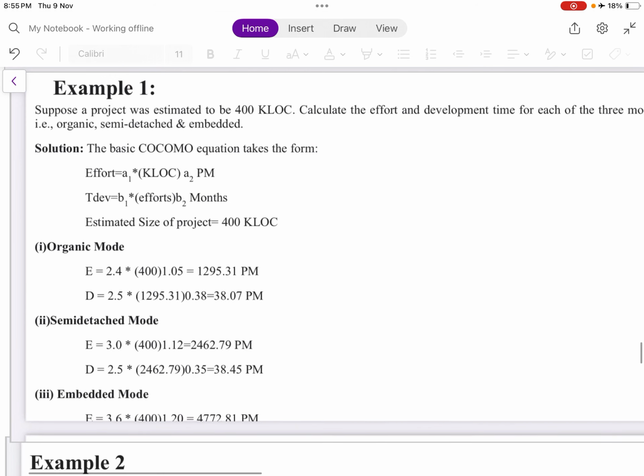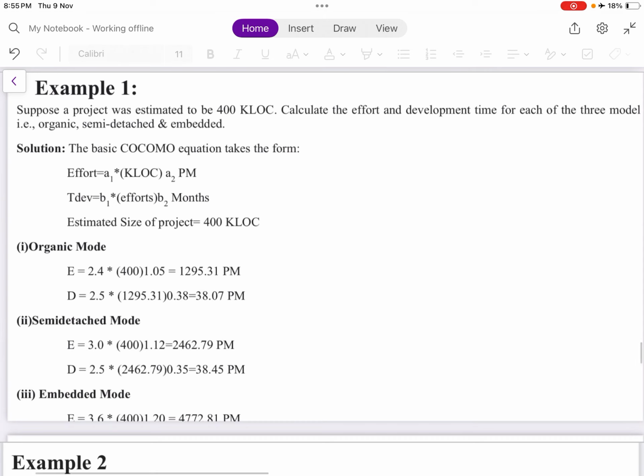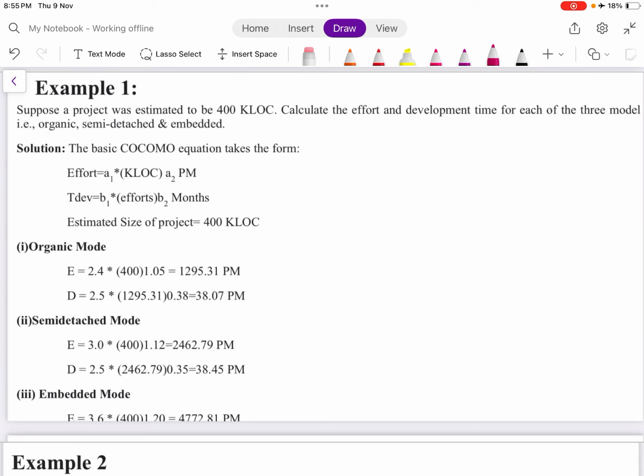Now let's see the example. Suppose the project was estimated to be 400 KLOC. Calculate the effort and development time for each of the three models, that is organic, semi-detached and embedded. For organic, we know the formula is 2.4 into 400 to the power 1.05.